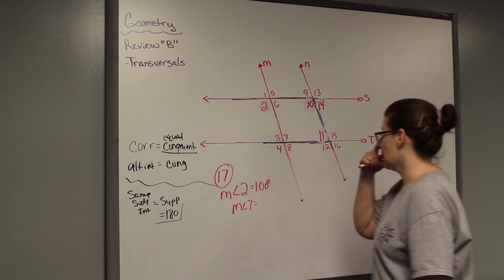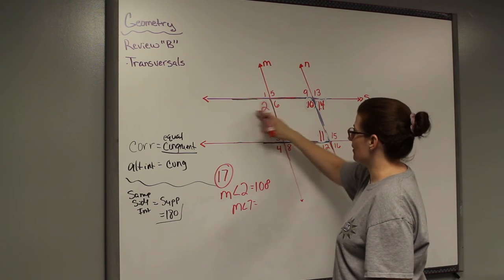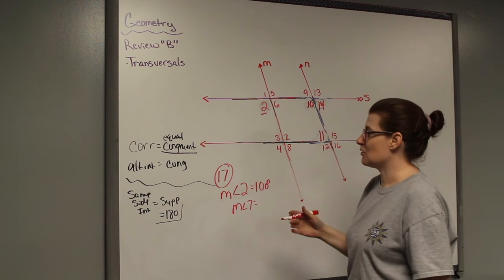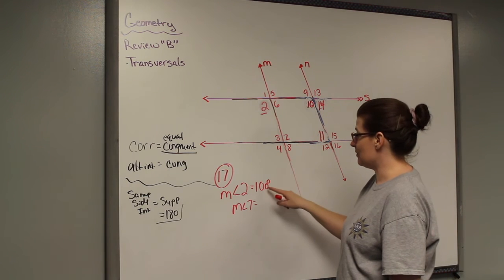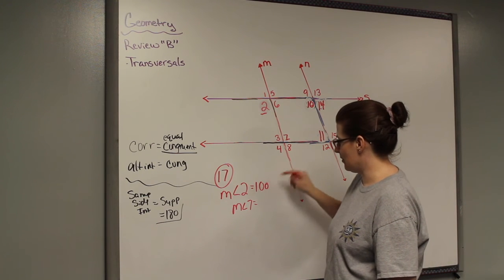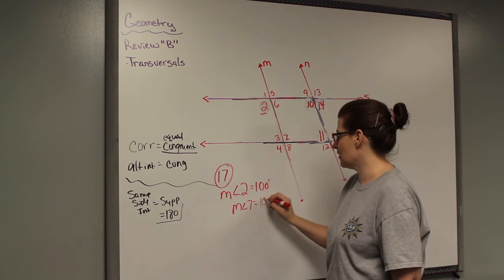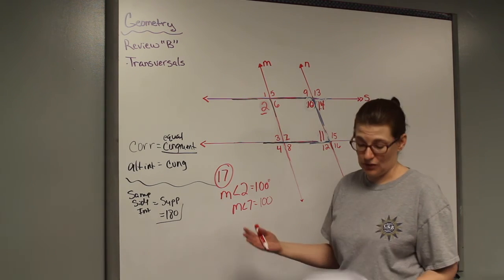When I look at these 2 and 7 here, they're on opposite sides, and they form the Z, so those are alternate interior, which means they are equal or the same. So if this one is 100, this one is 100. That's all they're saying, okay? So that's what you write.